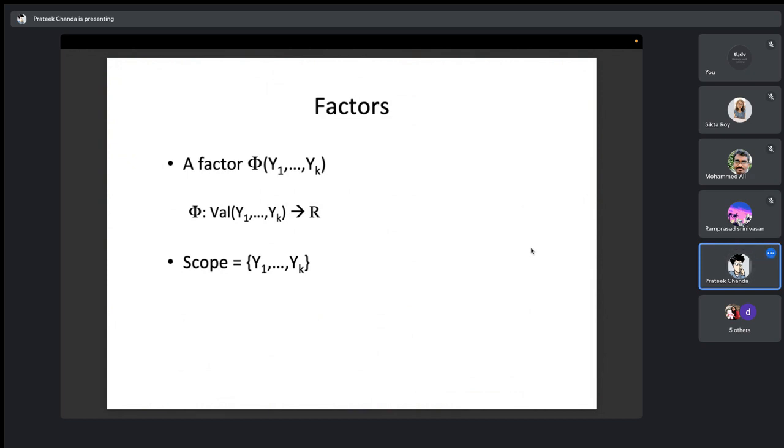I define a function phi of y1 up to yk, and that function gives me a real numbered value. And what do you mean by scope? Scope means the domain of the function. So a function of y1 to yk basically means a function of those random variables. I define one such that it gives me a real valued output.